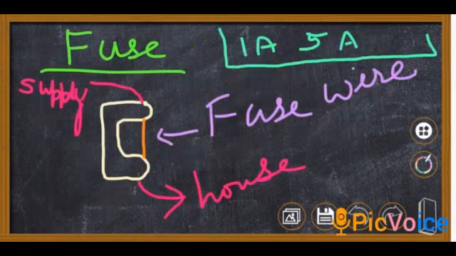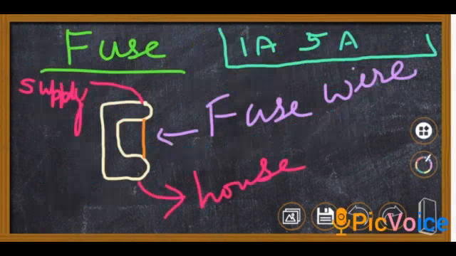Now these fuses have ratings like 1A, 5A and so on. 1A is 1 ampere, 5A is 5 ampere. Suppose you put a 5 ampere fuse here. Whenever the current crosses this limit of 5 ampere, your fuse wire is going to get heated and it will melt. The fuse wire material is chosen such that it will melt the moment the current becomes greater than 5 ampere.